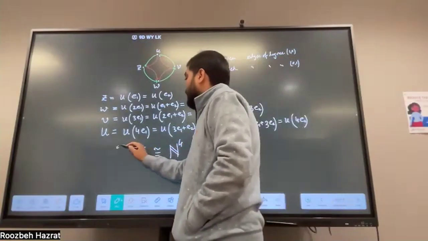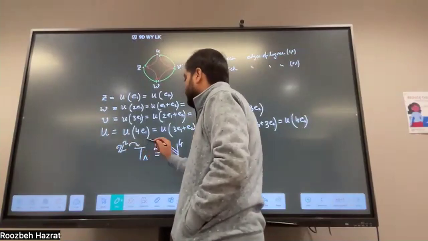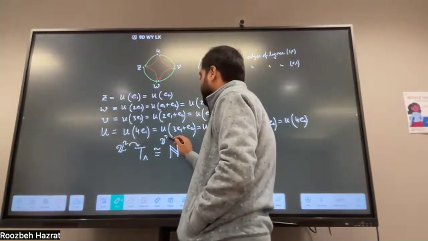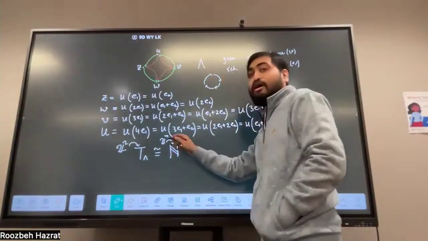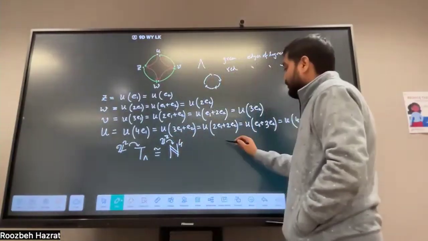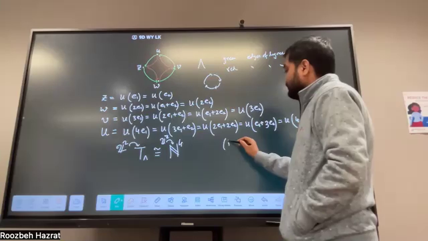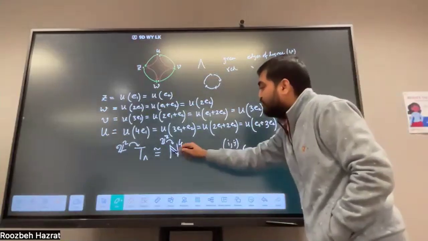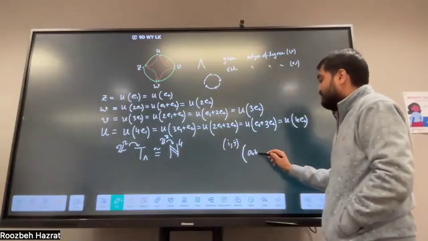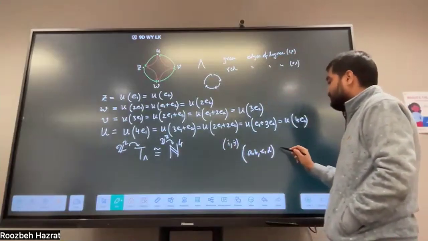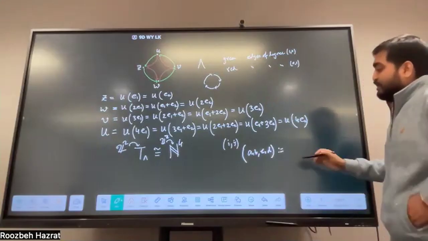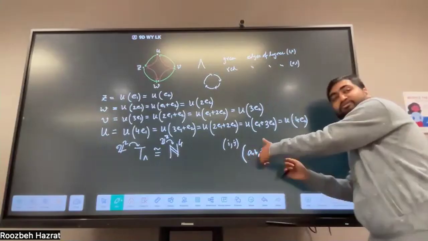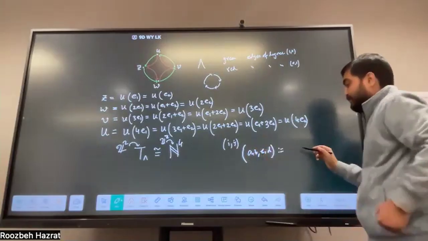So the action of this Z^2 here and the action of this Z^2 here, which I have not mentioned yet, how this acts on these tuples. So if you have a 2-tuple (i,j) and it acts on a 4-tuple here, (a,b,c,d), what is actually going on is that it permutes these entries cyclically.